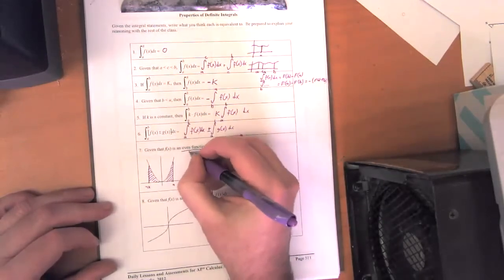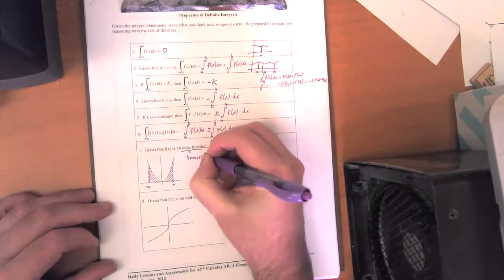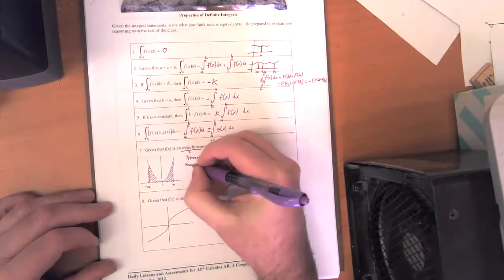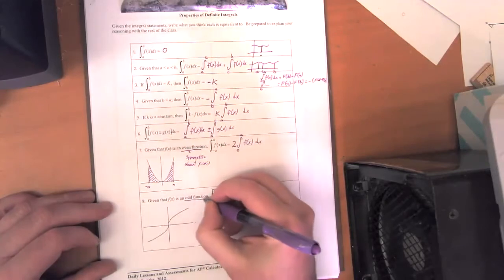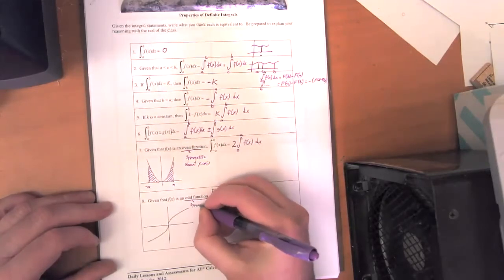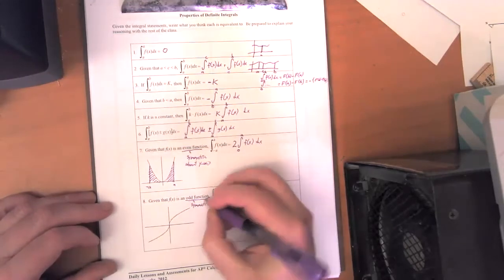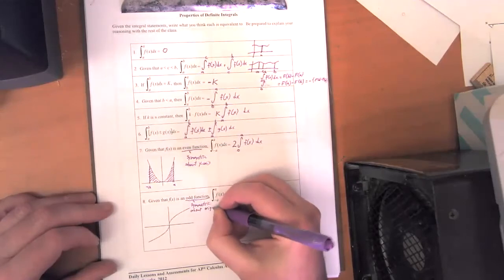Remember, even function, symmetric about the y-axis. And an odd function is symmetric about the origin.